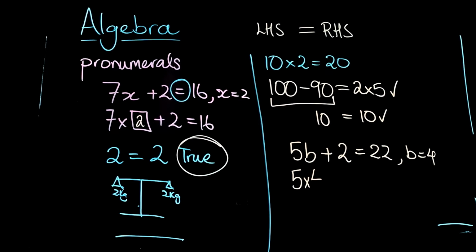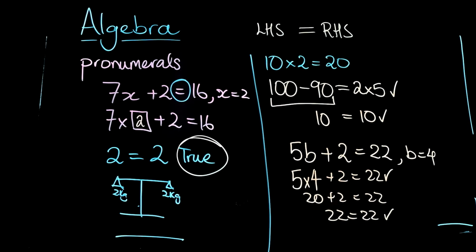There's a times sign here when we do the substitution, and I talked about that in the introduction. So 5 times 4 is 20, add the 2, and we're at 22. You could stop there, or you could go to this step and write it out, and you could finally go 22 equals 22. And there's a complete set of workings for you to answer that question.